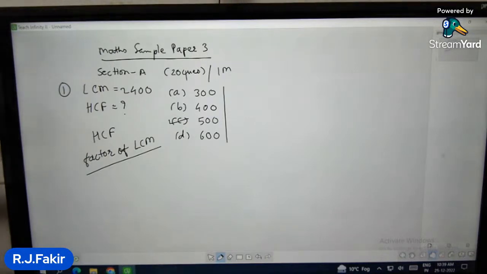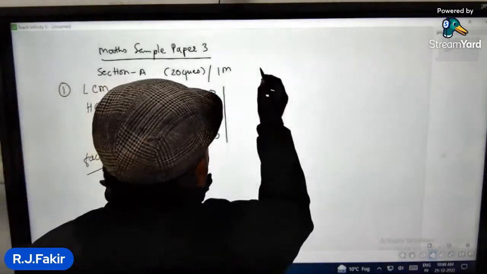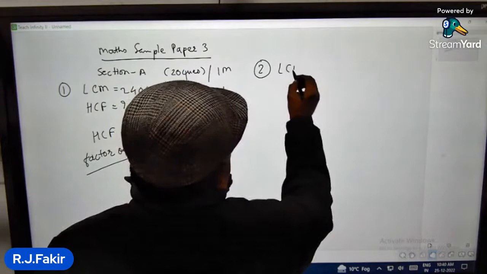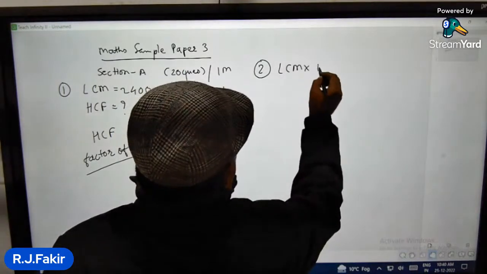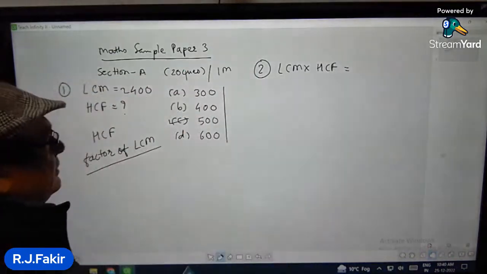So option C will be correct. Now come to the question number 2. In question number 2, the product of LCM and HCF is given.